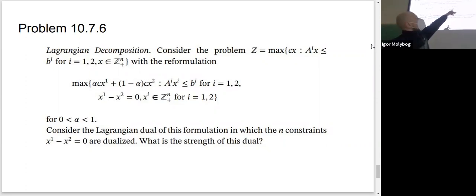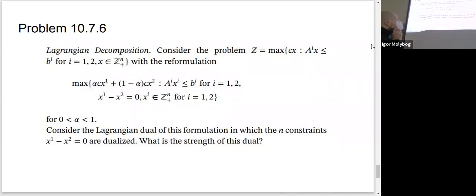One is denoted with a1x less than or equal to b1, and the other one is a2x less than or equal to b2. And we have all of our variables to be integer. The reformulation of that problem is given over here. It's the exact reformulation.